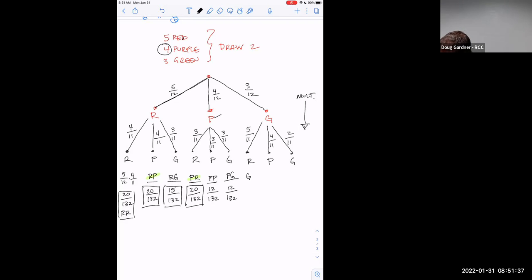This would be a green and then a red. 15 out of 132. This is a green and then a purple. That's 12 out of 132. And then the least likely, a green and then a green, because that's the least number of marbles. 3 out of 12 times 2 out of 11, that's only 6 out of 132. So that's the least likely occurrence.